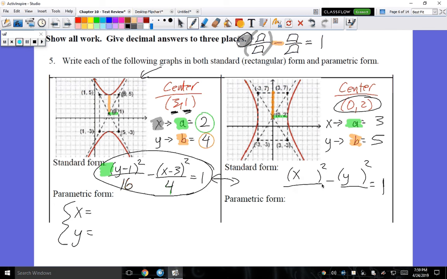Okay, so just like we did over here, as far as the center is concerned, let me highlight this in gray. This 3 was over here with x. This 1 was over here with y. This x is going to be here, so I really don't need to put anything there since it's just going to be 0. So let's go ahead and just take that off real quick and clean it up some, because x plus 0 or x minus 0 is going to still be x.